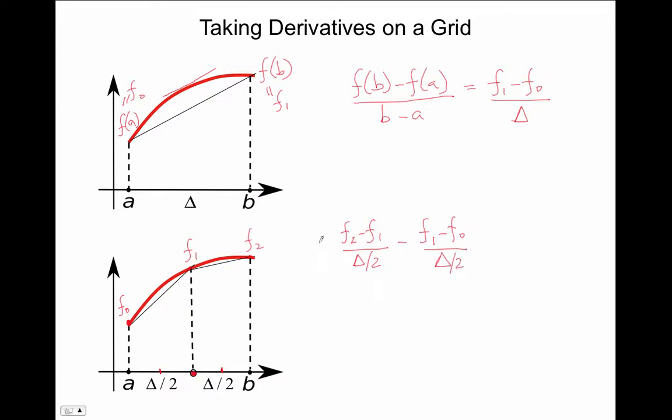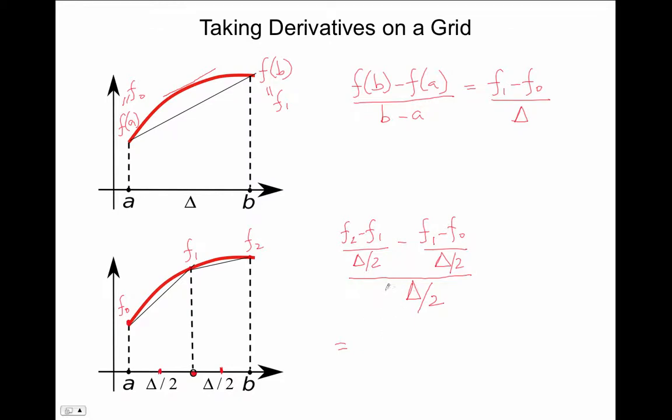And now what we need to do in order to get the second derivative is the difference in the first derivatives divided by delta by 2. Why delta by 2? Because this distance from here to here is delta by 2. So this is now the definition of the second derivative, and we've approximated it now.